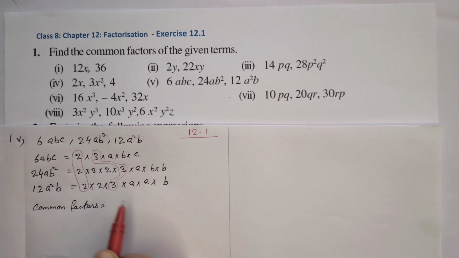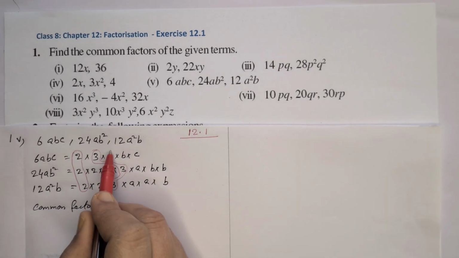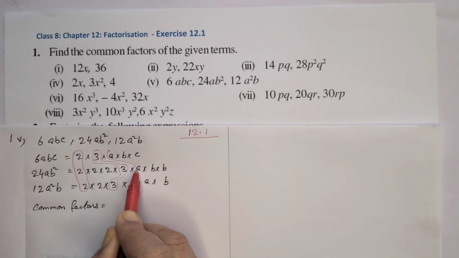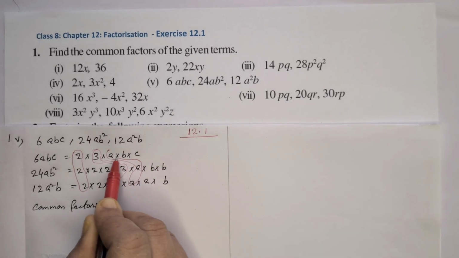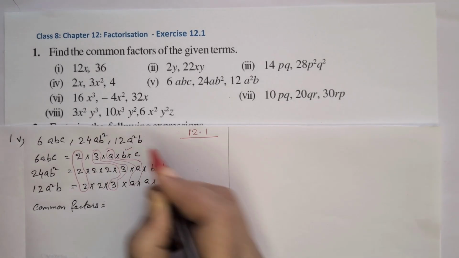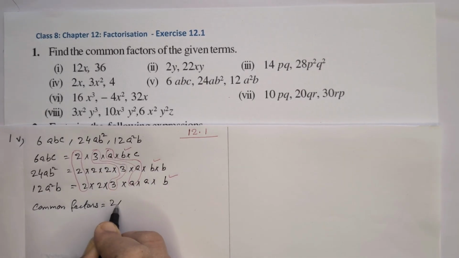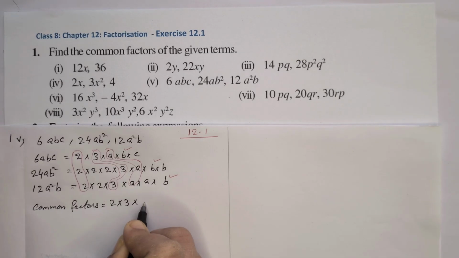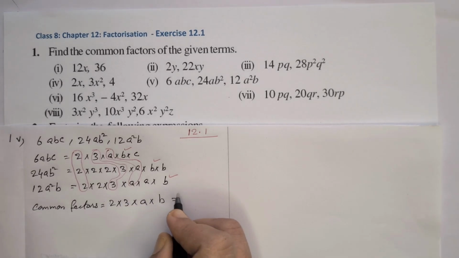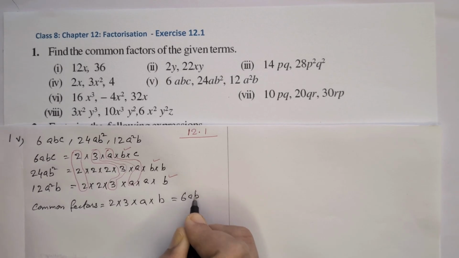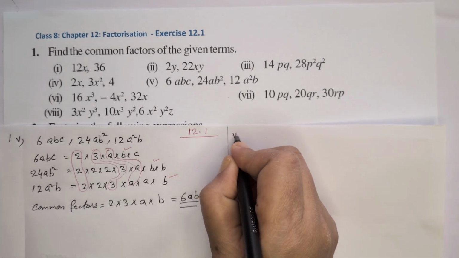Then a also, and we will get b also everywhere. So what we are getting here is 2 into 3 into a into b, which means 6ab is the common factor of these three terms.